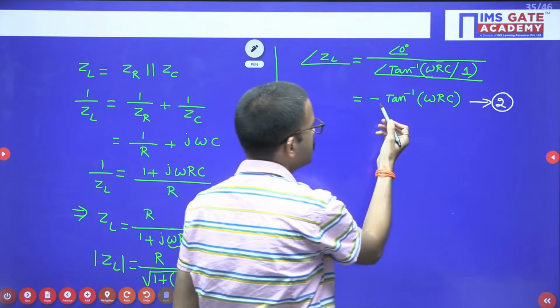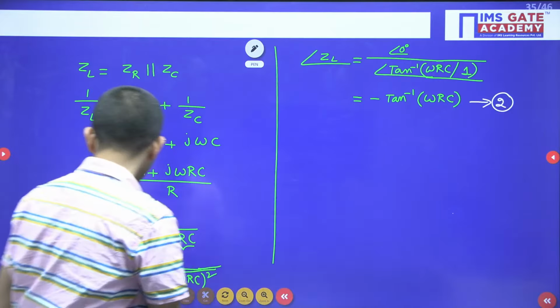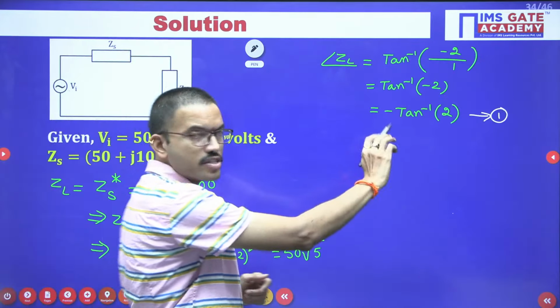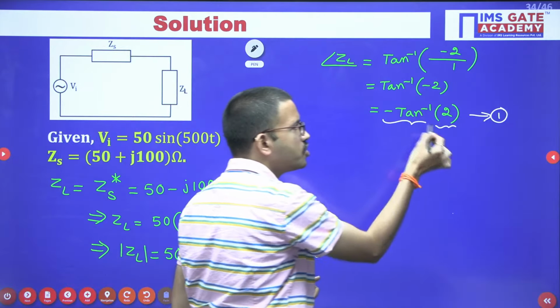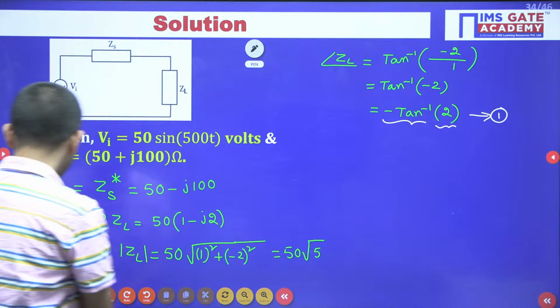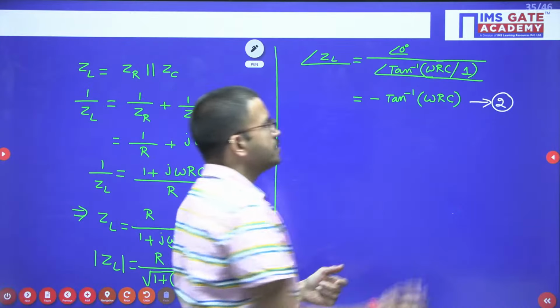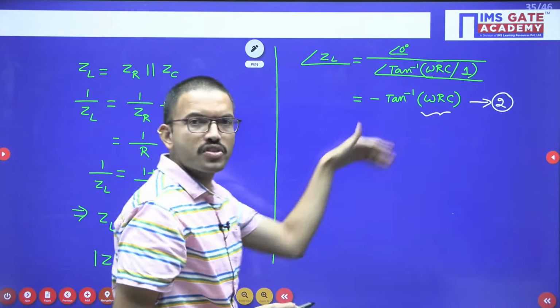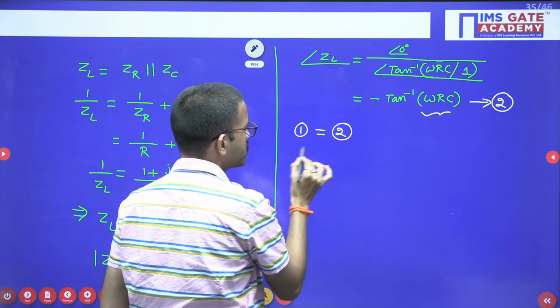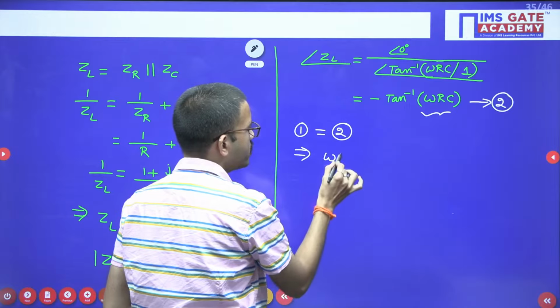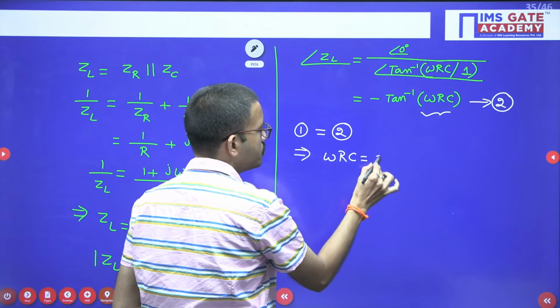Here you have minus tan inverse omega RC, and here you have minus tan inverse 2. So this part is matching. Here you have the simple value 2, and here you have omega RC. Now we can equate both, right? Since 1 and 2 are the same, from here we get omega RC equal to 2.